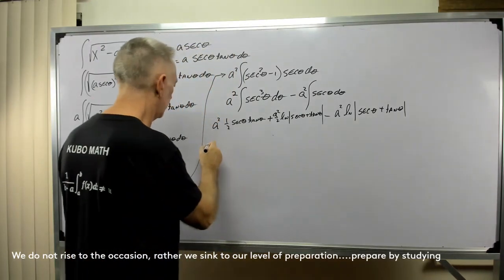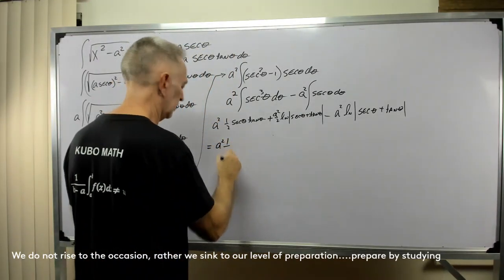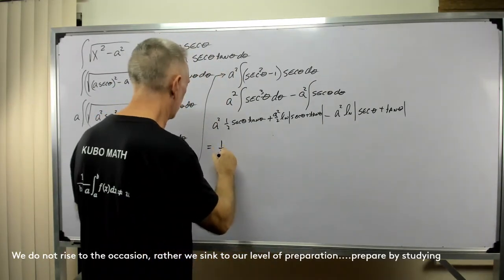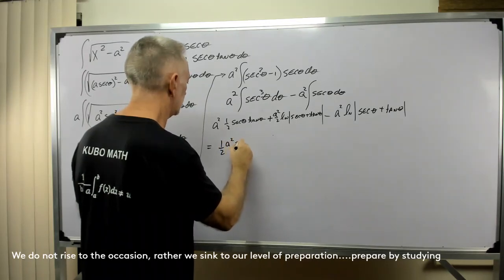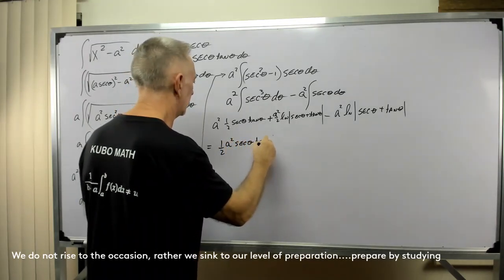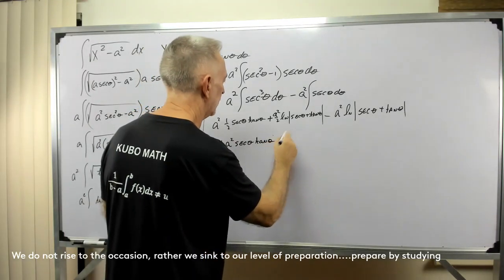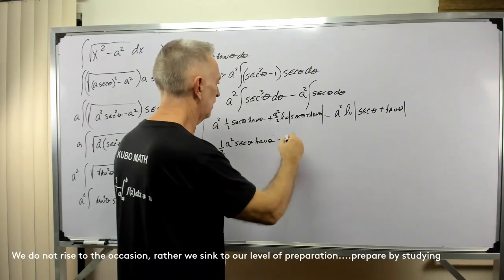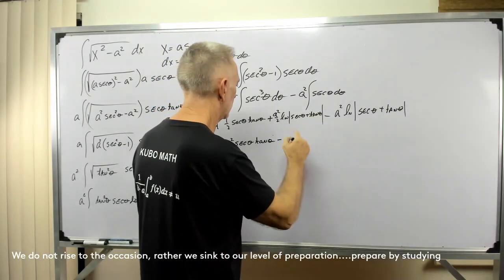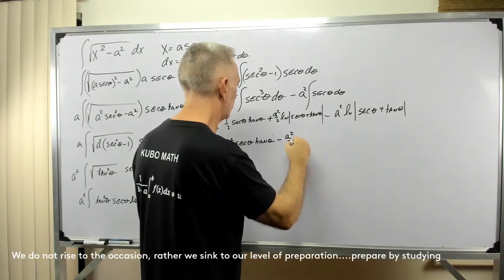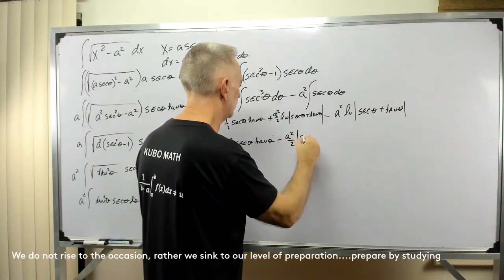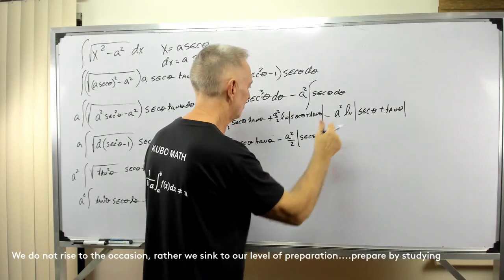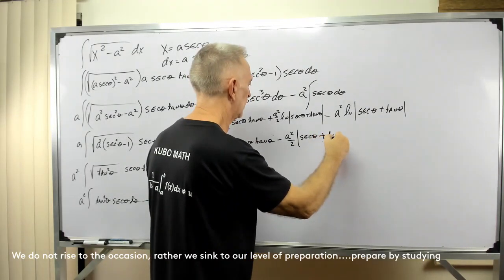Let me pull that 1/2 to the outside and clean that up a little bit. 1/2 times a squared secant theta tangent theta minus, so we're subtracting a whole from a half, which gives me a negative half, so a squared over 2 times the absolute value of secant theta plus tangent theta.